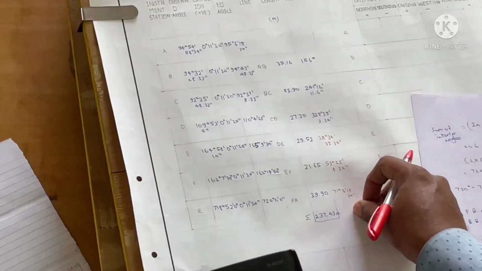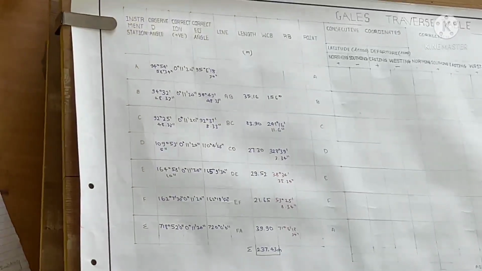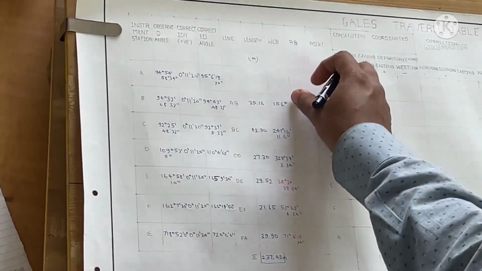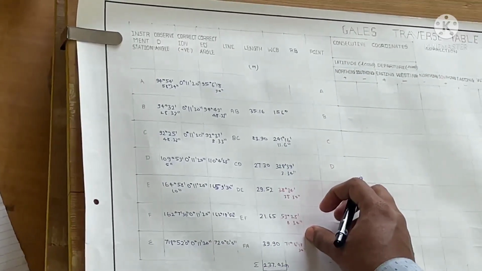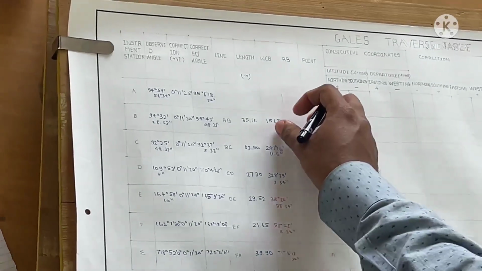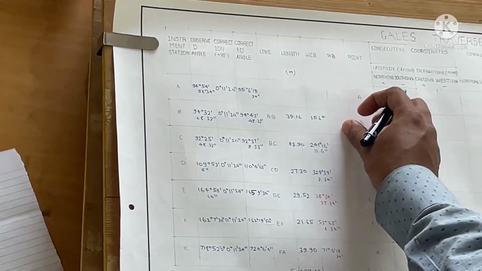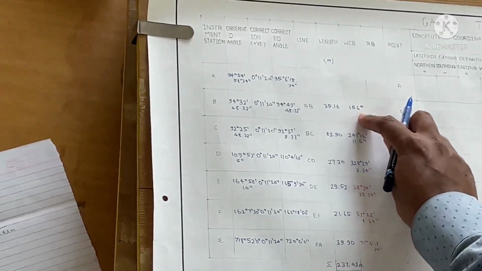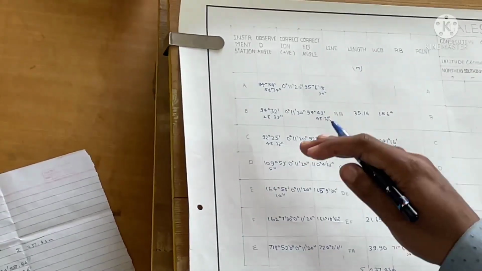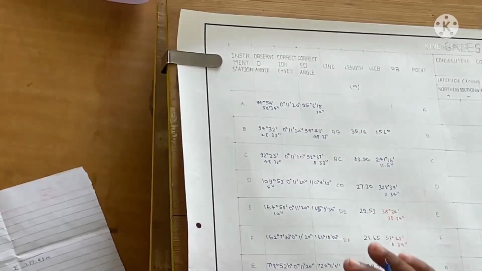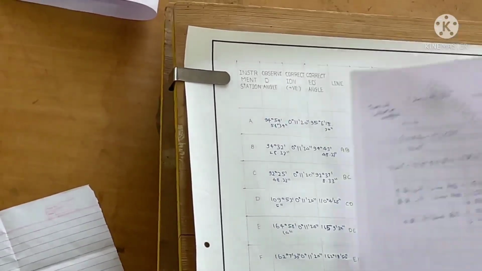Okay. So after doing the calculation of WCB, we are now going to convert the WCB into RB, that is in terms of quadrantal bearing. So the line AB will be lying either in the northeast quadrant, northwest quadrant, southeast quadrant or southwest quadrant as per the rule.